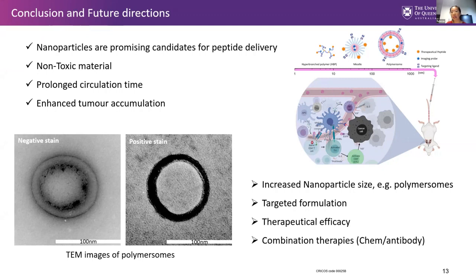And all the formulations will be compared in terms of therapeutic efficacy. And in the further future, we are also interested in looking at combination therapy, such as combination with chemotherapy or antibodies, such as PD-1, PD-L1.